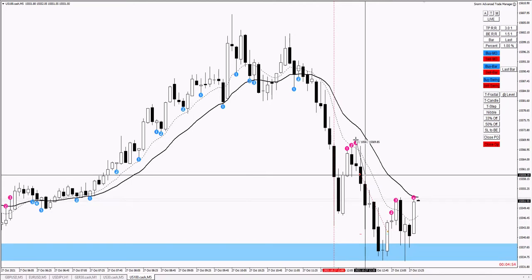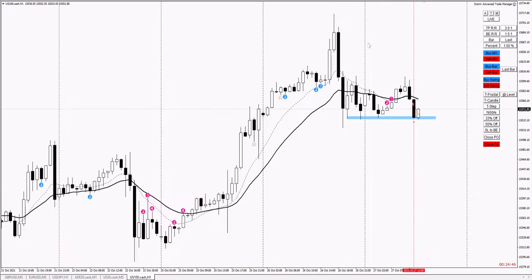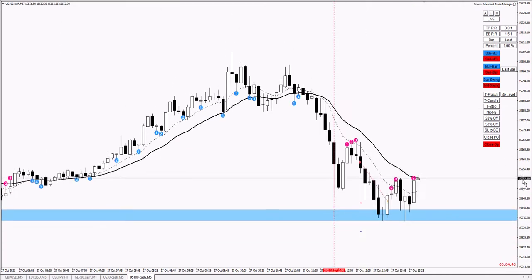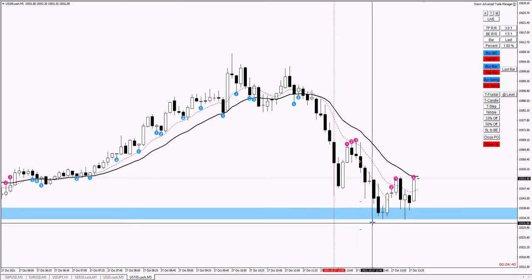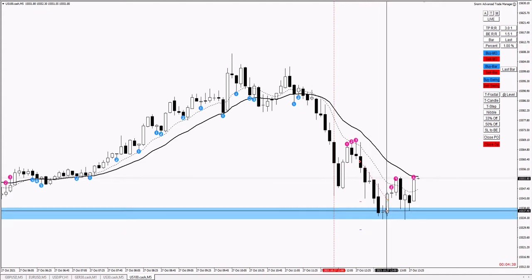I put a pending order on this with a 3R target, which was wrong because I had clearly seen my levels here, but I was still being greedy and I put a 3R target, which was here. Ideally, I should have just put a 2R target because I have clear levels here, right?